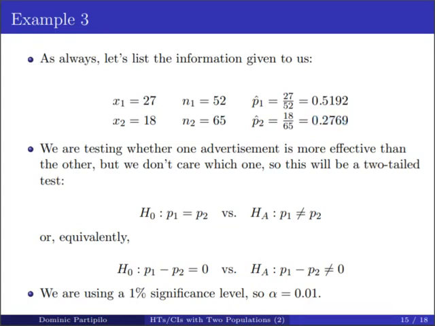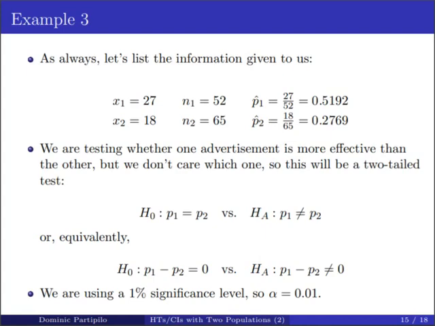So remember, we're testing whether one advertisement is more effective than the other, but we don't really care which one is more effective. We're just going to take the one that's more effective and use that. So this is going to be a two-tailed test because we don't care about the direction. Our null hypothesis is that the two population proportions are equal, and our alternative hypothesis is that the two population proportions are not equal.